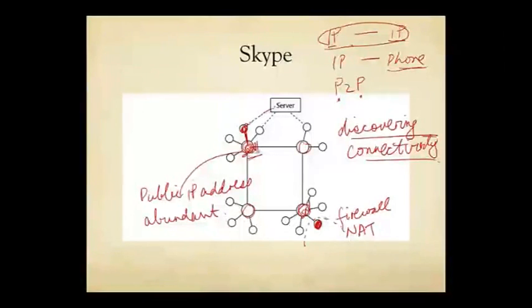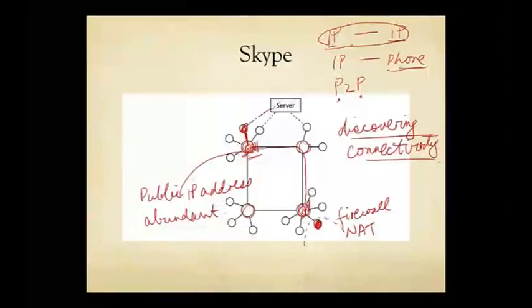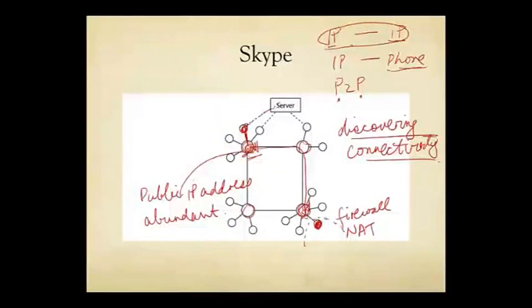So this supernode will form a communication path with this supernode, and then this supernode would then further connect to this node, and therefore these two supernodes collectively act as a bridge to enable the discovery of end-to-end connectivity between two Skype nodes. Once that connection is established, they could agree to bypass one of the supernodes if they want.